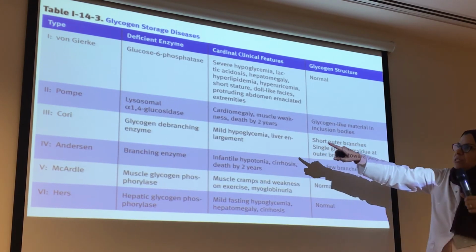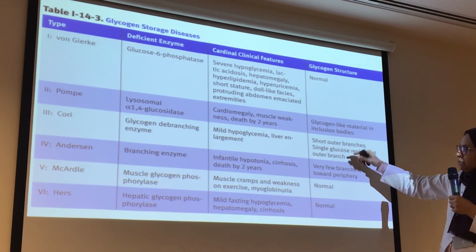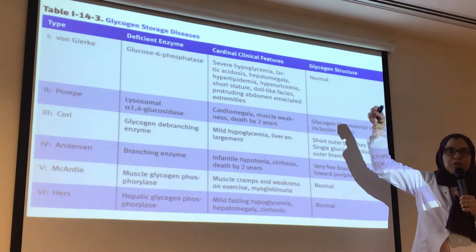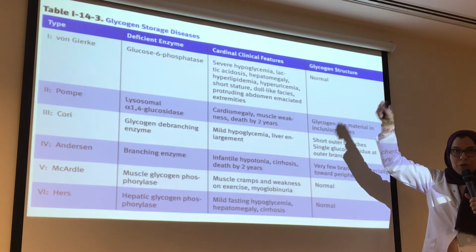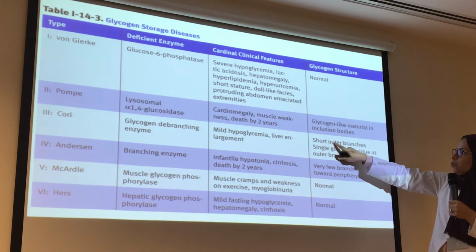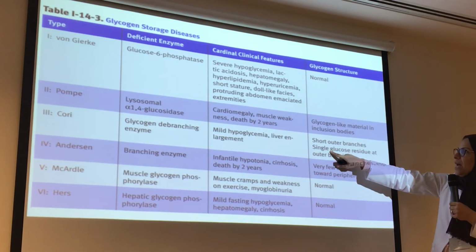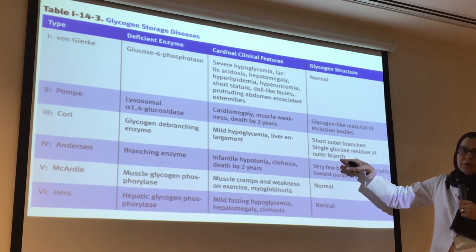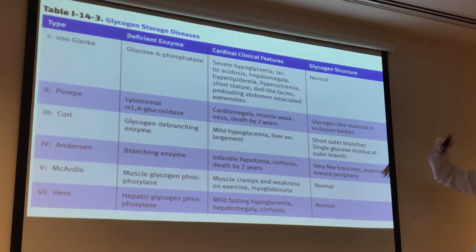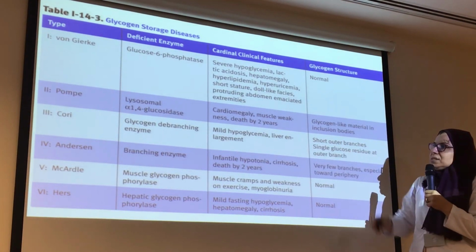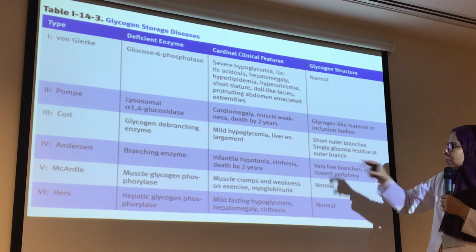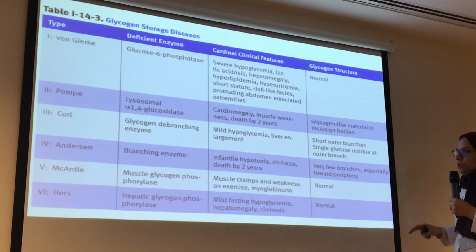In a deficiency in the debranching enzyme, you are not going to be able to remove that last glucose at the branch. So you're going to have short outer branches with a single glucose residue at the outer branch, because you cannot cut that last glucose since the debranching enzyme is missing. So this is regarding the glycogen structure.